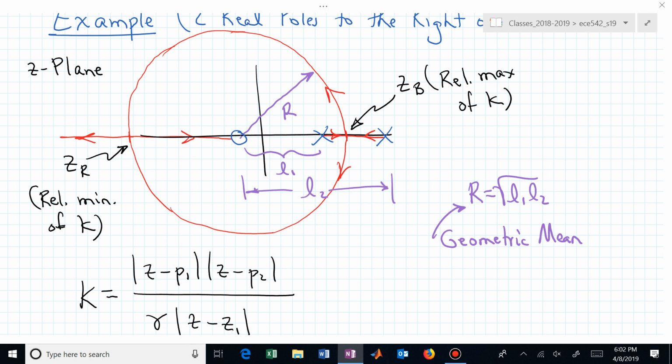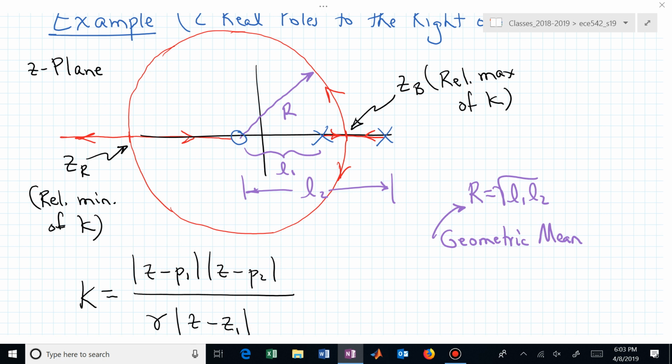One is going from, let's say, which one do you want to be? Let's let the little one be P1 and the big one be P2. P2 starts to the far right and it starts going towards the breakaway point as we crank up the gain K. Let's say at the breakaway point we calculate the gain K, and let's say it's 2.76.